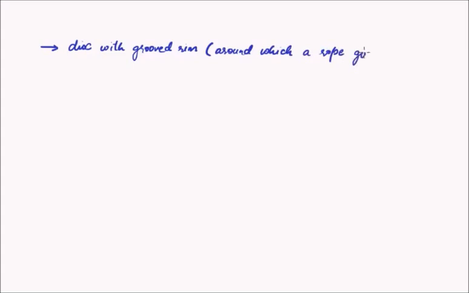So a pulley is a disc with a grooved rim, and a rope or a string goes around the rim, and the disc is free to rotate about an axis.